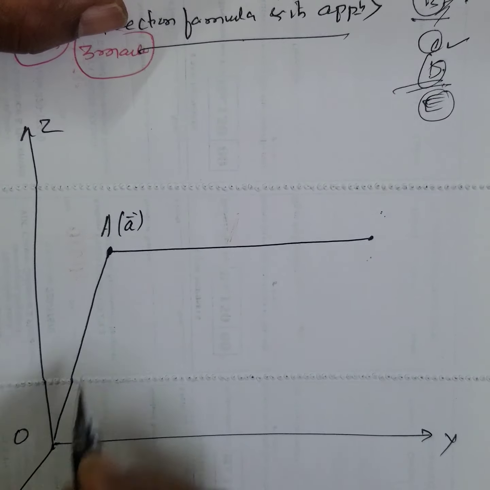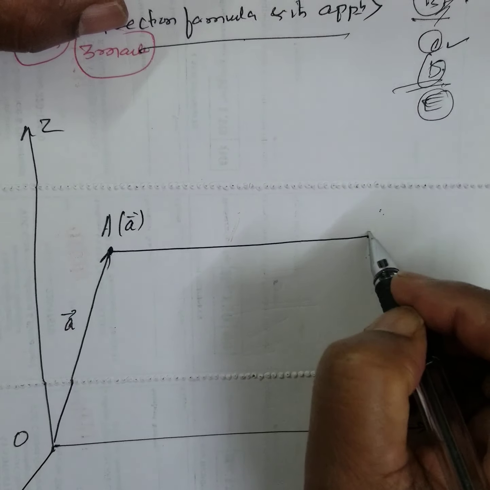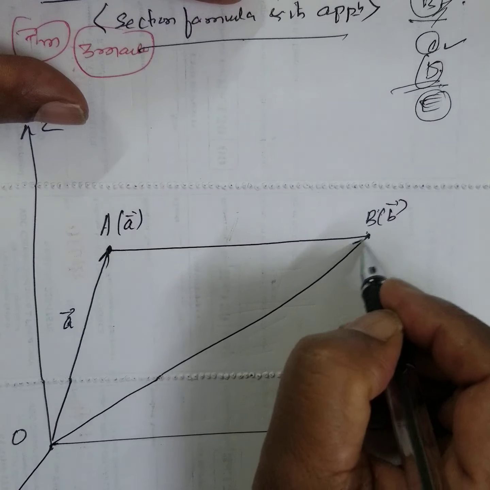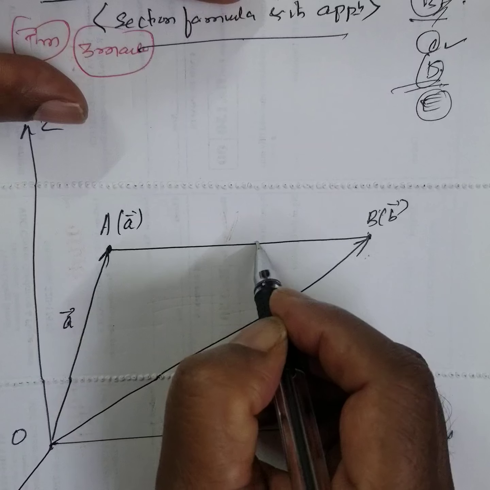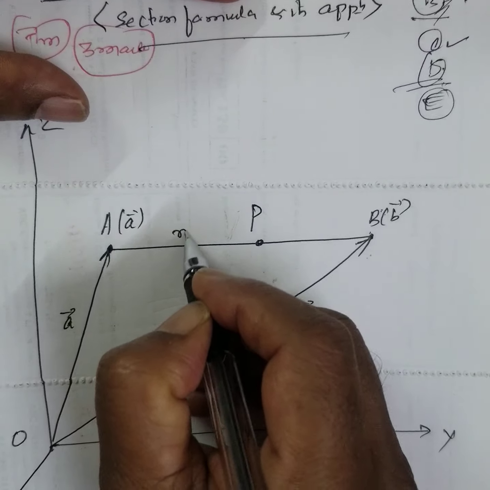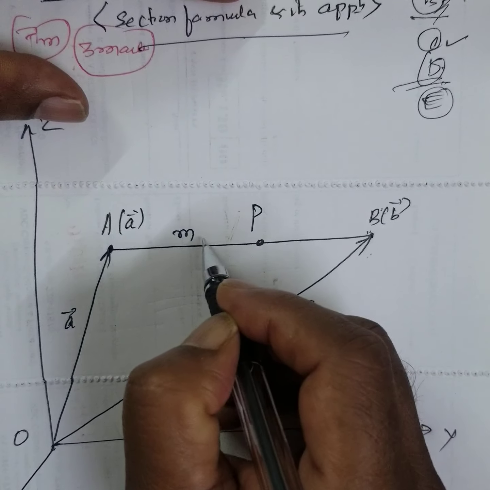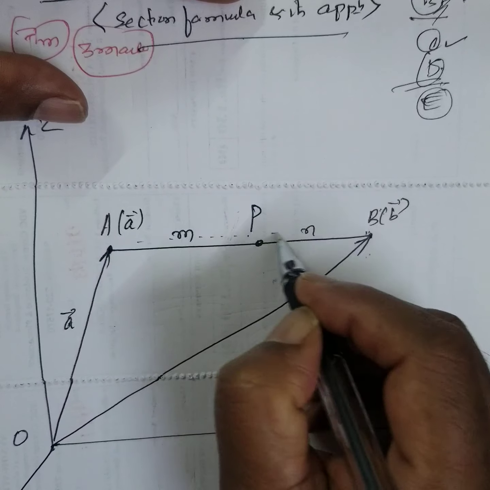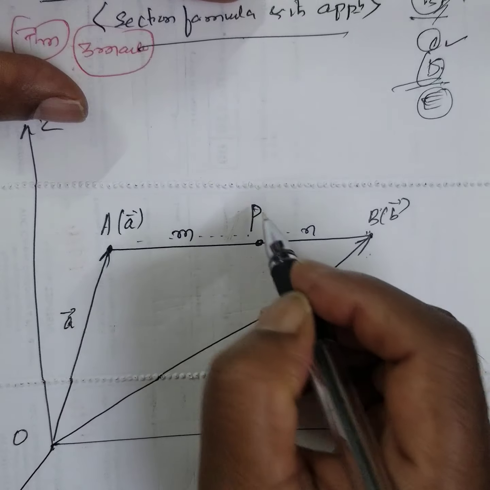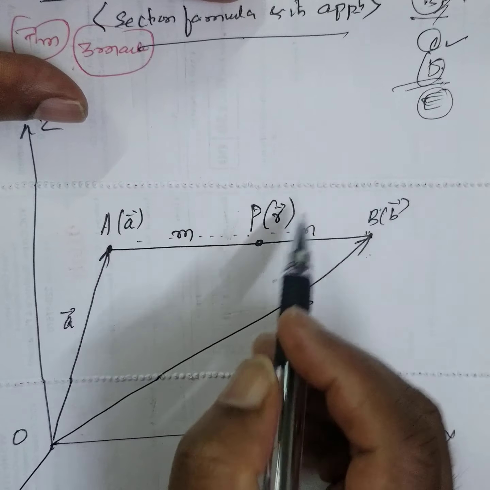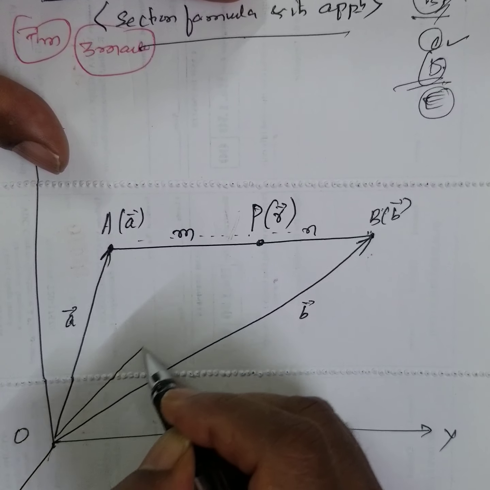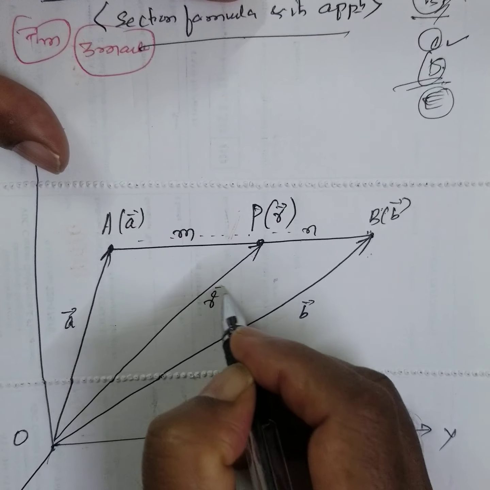This is vector A. Then B has position vector B. Now P is some arbitrary point which divides AB in the ratio M is to N. Suppose this length is 10 centimeter, this is 7 centimeter, this is 3 centimeter, like that. P is the point. This is an arbitrary variable vector R. This is a fixed vector, this is also a fixed vector.